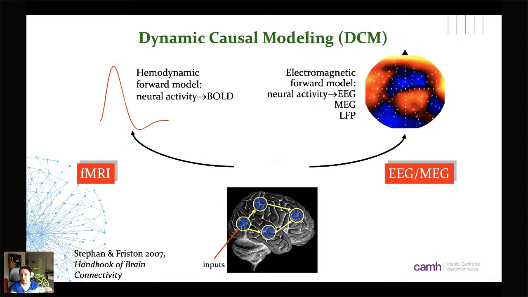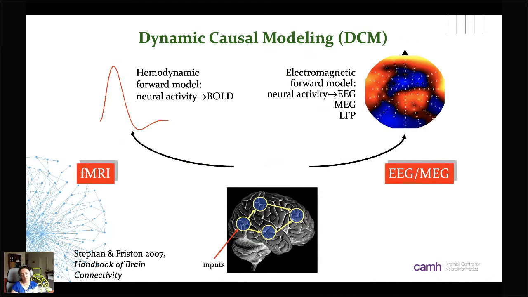And DCM gives us a formalism where we can describe the hidden dynamics in terms of a series of differential equations that are parameterized and also incorporate some knowledge about the design perturbations of the system. They incorporate this knowledge through the application of inputs.